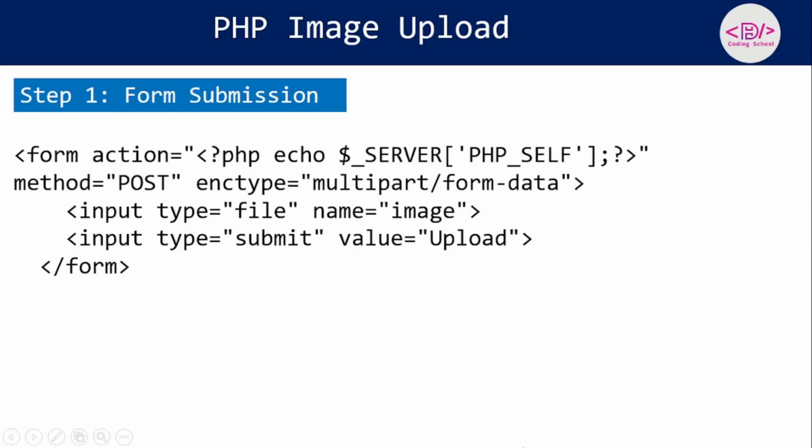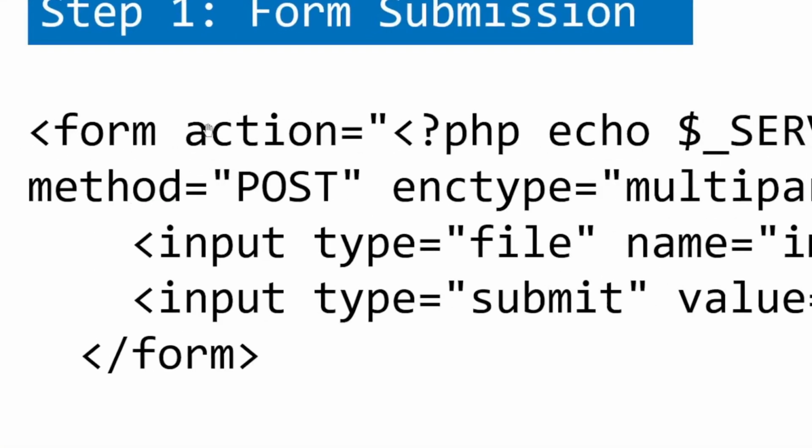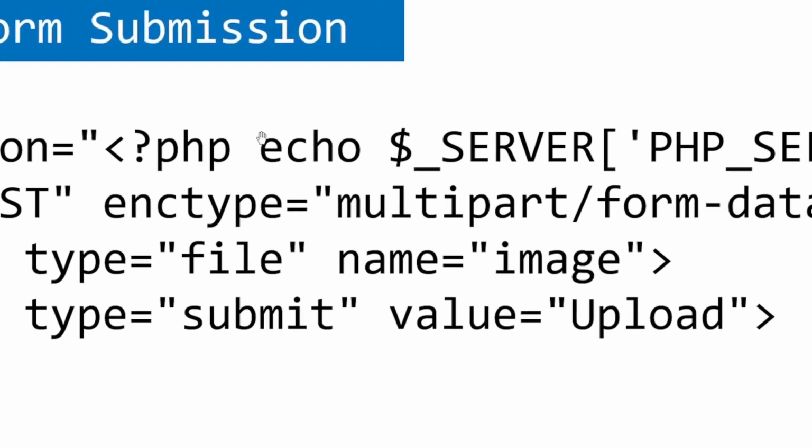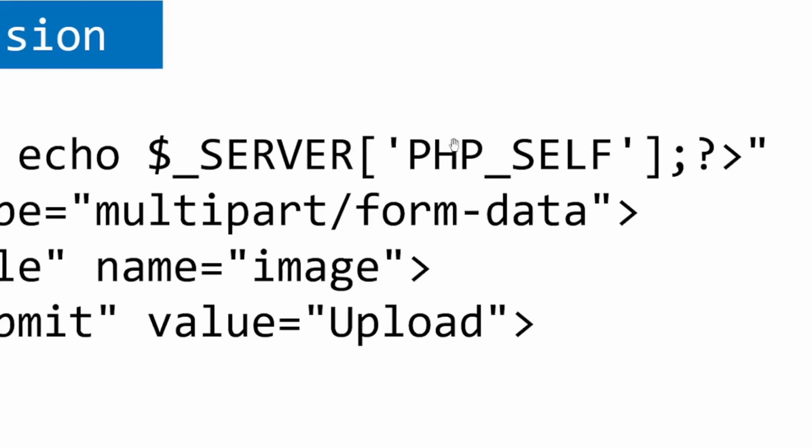If you notice in the form, let me zoom in. The first thing you see is action, and this action we set to PHP_SELF. This means that the form is going to be submitted in the same file.